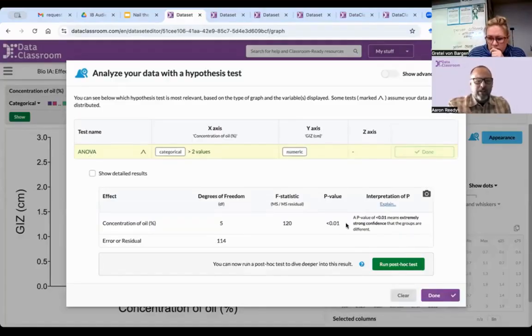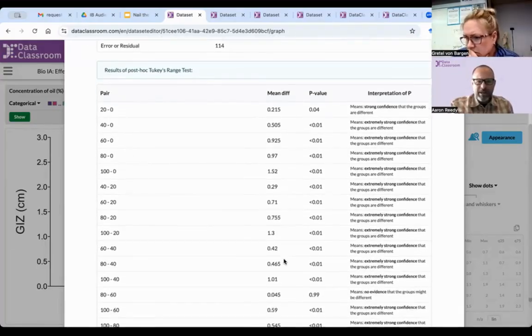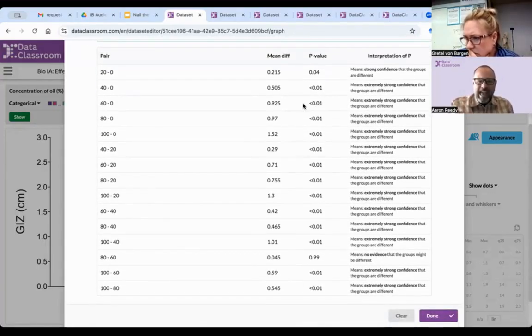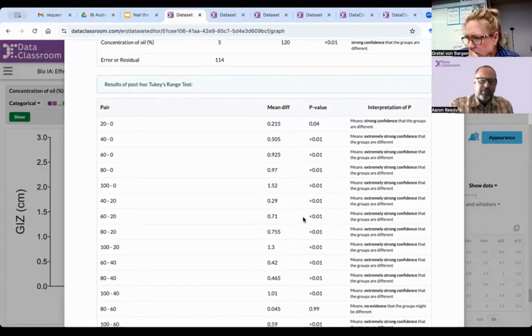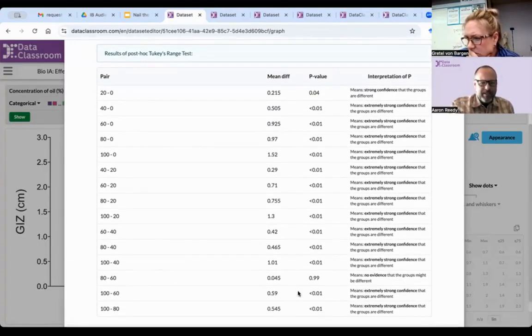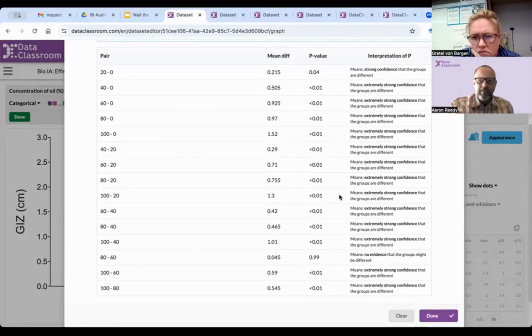We get a very low probability value, less than 0.01, extremely strong confidence the groups are different. We can run the post hoc test to compare the pairwise comparisons. You see basically every group is significantly different from one another, except for the 80% to 60% group. They are not significantly different from one another. And you can see that in the post hoc test.